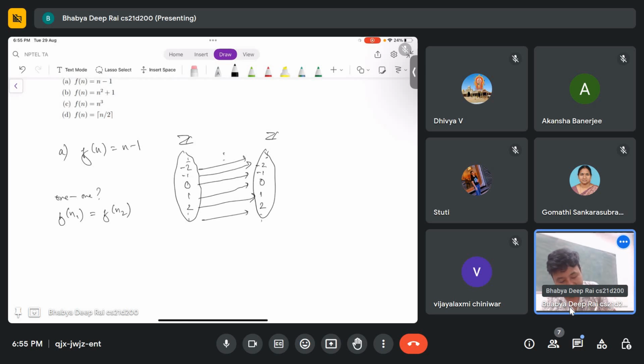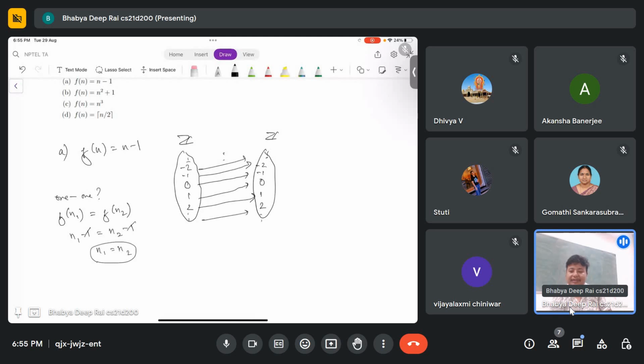Then what we do is f of n1 equals f of n2, which is nothing but n1 minus 1 equals n2 minus 1, right? And then we'll cancel this off, and then we've got n1 equals n2.